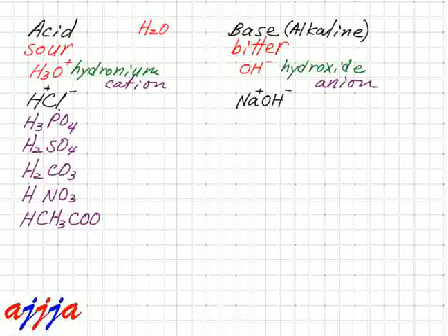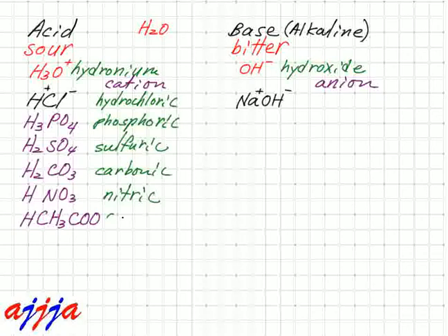You can read everything just like this: hydrogen chloride, hydrogen phosphate, hydrogen sulfate, hydrogen carbonate, hydrogen nitrate, hydrogen acetate. Now, you have a common name too. This one is hydrochloric acid.